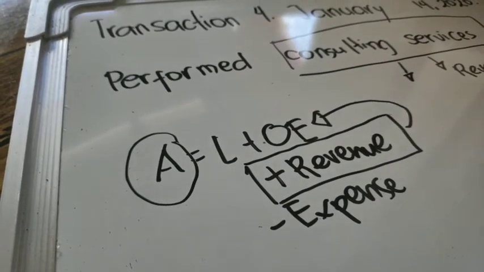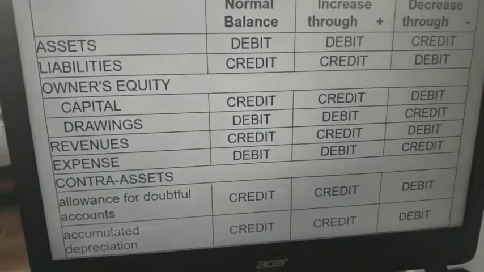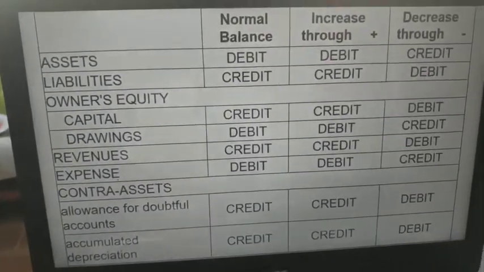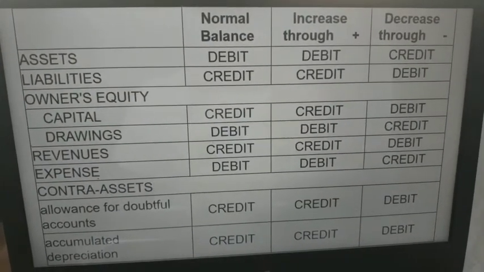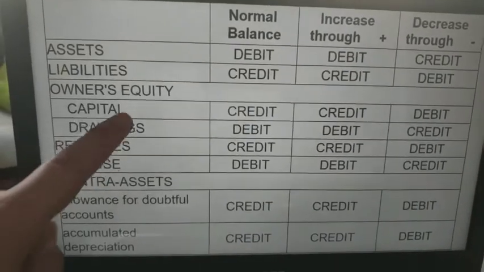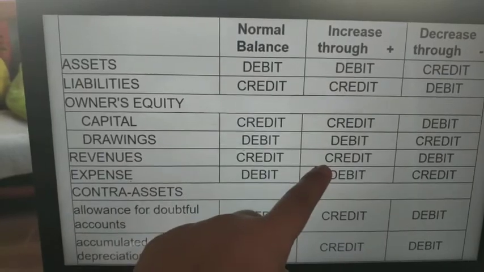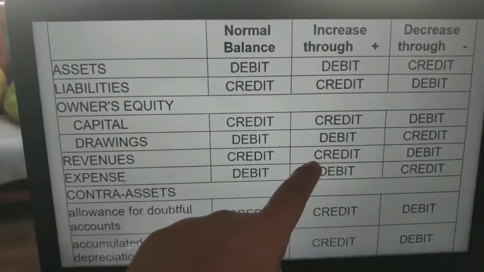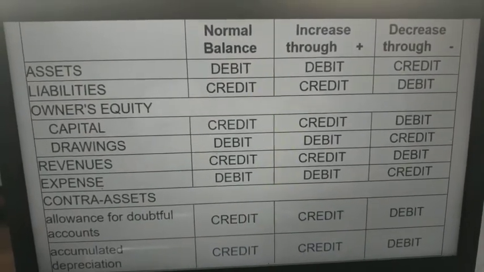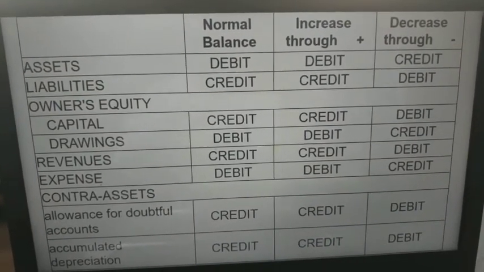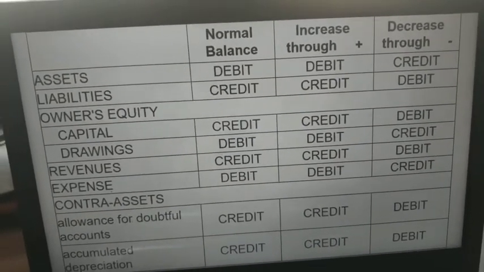So we will go back to your normal balances. When the cash is increasing, you will put it on the debit side. When the owner's equity, the revenue, is increasing, it is on the credit side. So as you can see, both of the accounts are increasing, but they are not on the same side. They are not both on debit, they are not both on credit.